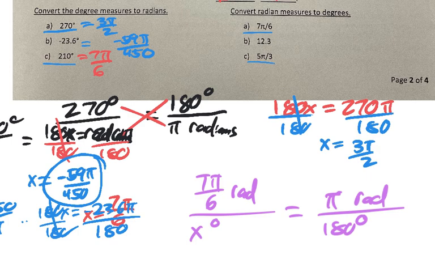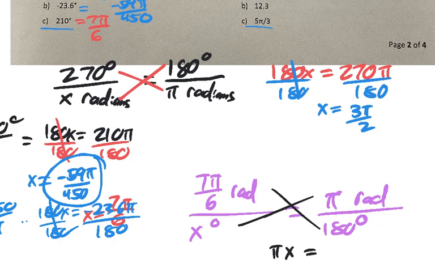I think I got A and C, but I really don't know how to do it. Cross multiply. So pi times x is equal to 7 pi over 6 times 180. That should be 210 pi. Yeah.